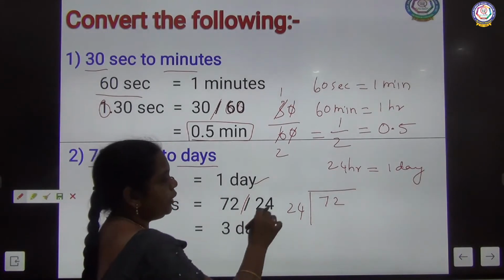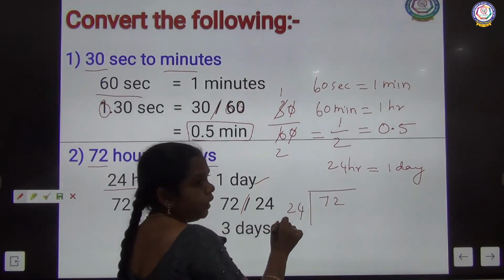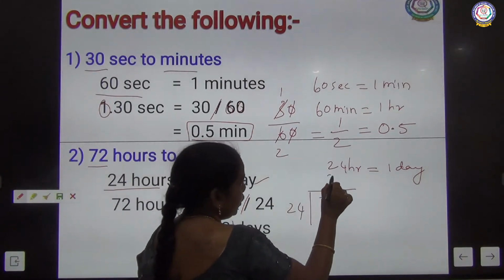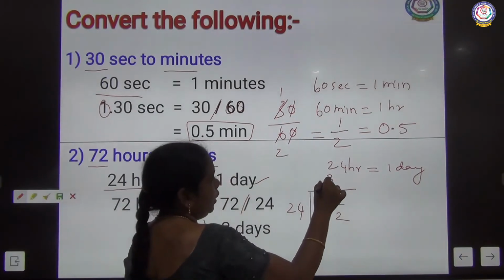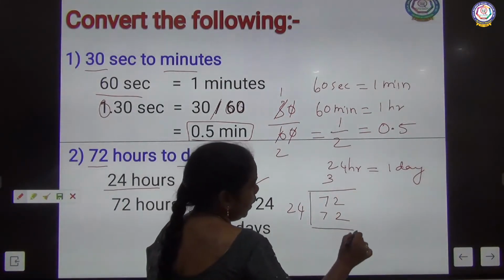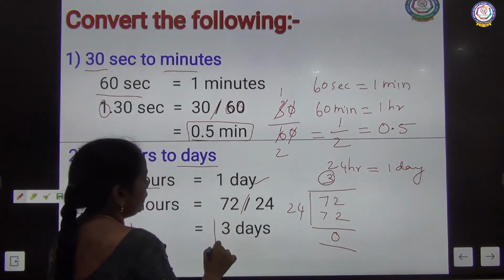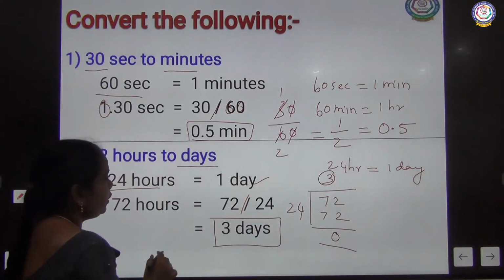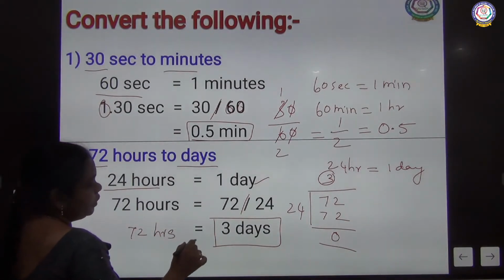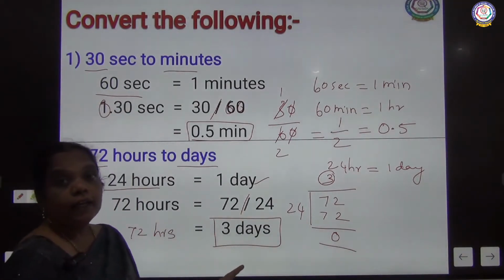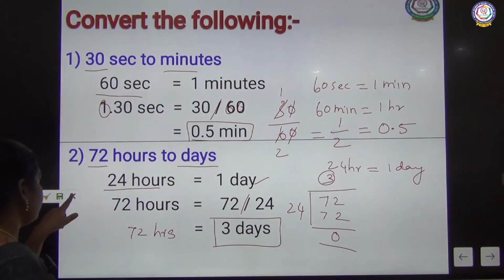If you take 2 times, 2 4s are 8 and 2 2s are 4. So again you can take 3 times: 3 4s are 12, remainder 1. 3 2s are 6 plus 1, 7. So how many days? 3 days. In 72 hours, there are 3 days.